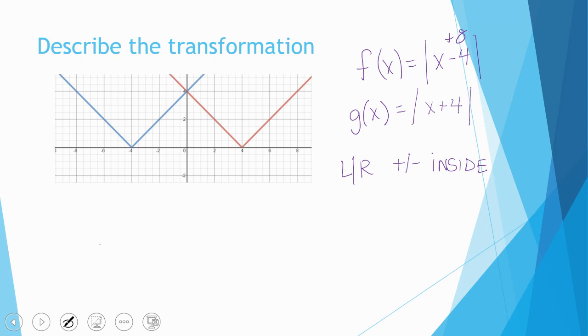The one thing to remember about left and right is that they're opposites. Left means that you are adding, and right means that you are subtracting. It's kind of the opposite of what you think it would be. That's simply because it's in the brackets with the x, and it's always x minus whatever number. So you're taking the opposite, okay?